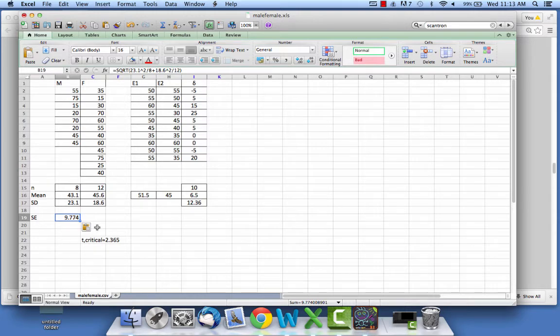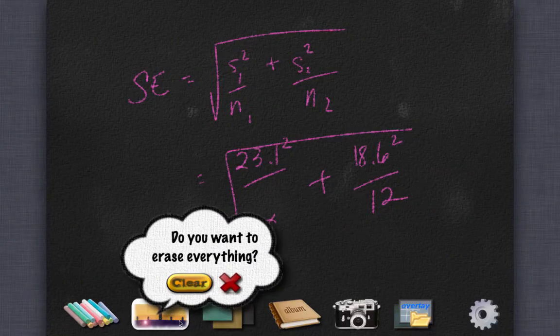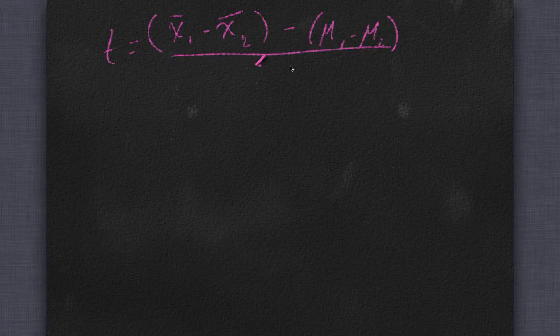So T for us is going to be x1 bar minus x2 bar, so the difference, minus the expected, over the standard error.